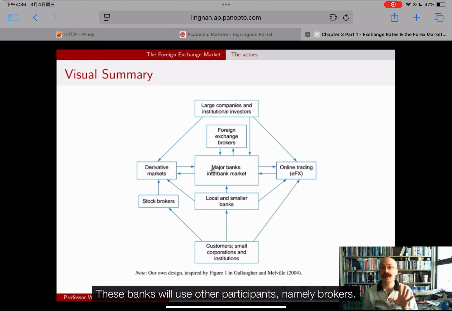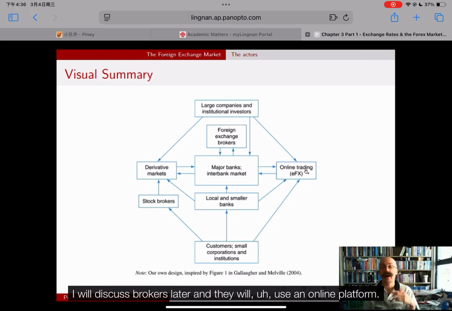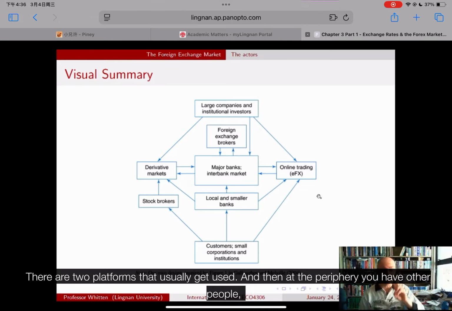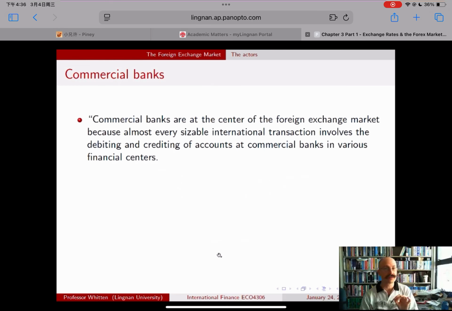These banks will use other participants, namely brokers. I will discuss brokers later. And they will use an online platform. There are two platforms that usually get used. And then at the periphery, you have other participants who occasionally may participate in the Forex market, but will not do so on a regular basis.